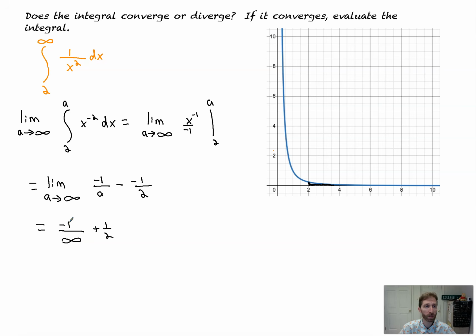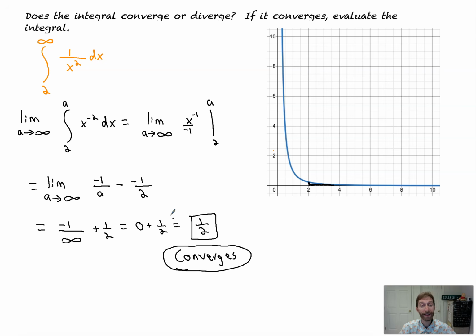A little lesson for you because we're evaluating it here. Now, if I have a constant value over infinity, that goes to 0. So that ends up being 0 plus 1/2. And so the answer is the integral converges to this number. So your conclusion is we have a converging integral, and the area as x goes out to infinity is 1/2. So this area here is 1/2.